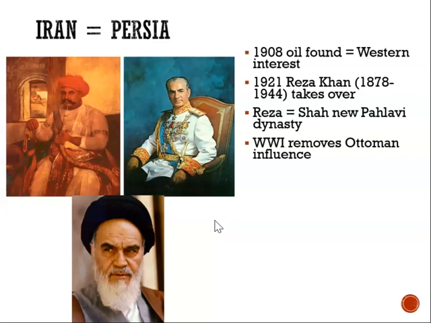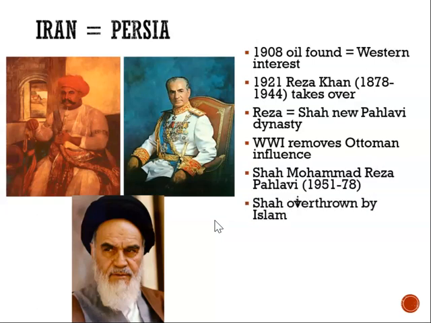So, of course, with the coming of World War I, it had removed the Ottoman influence. And we're going to see a new development with a new kind of Shah, Reza Pahlavi, and he will come, you see his picture here.